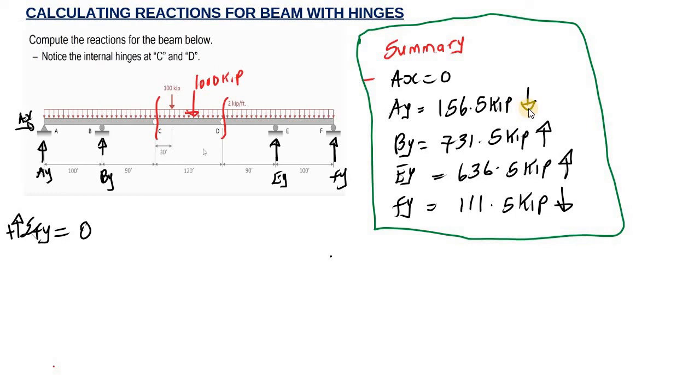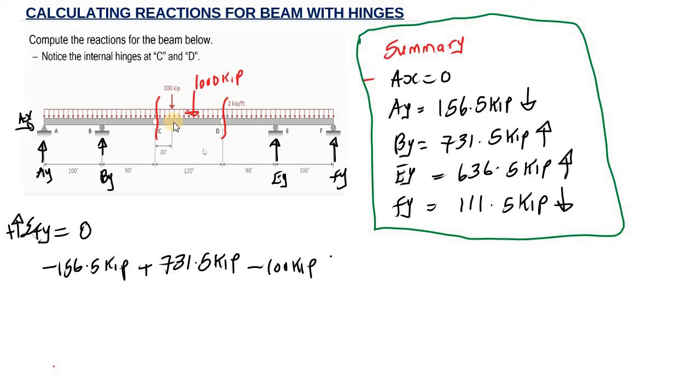This is acting downward, so this is negative 156.5 kip. Then the next vertical force we have is BY, and BY is 731.5 kip. This is acting upward, so this is positive 731.5 kip. Then the next vertical force we have is 100 kip. This is acting downward, so this is negative 100 kip.